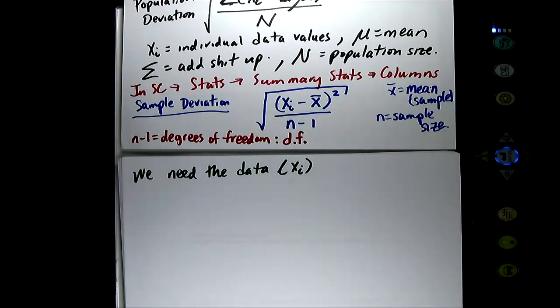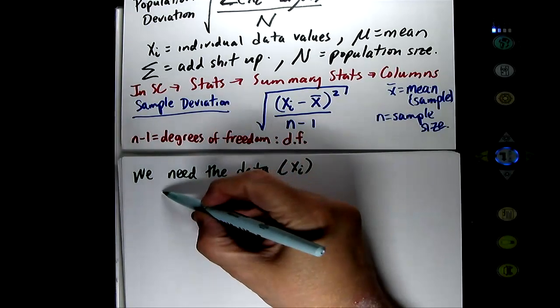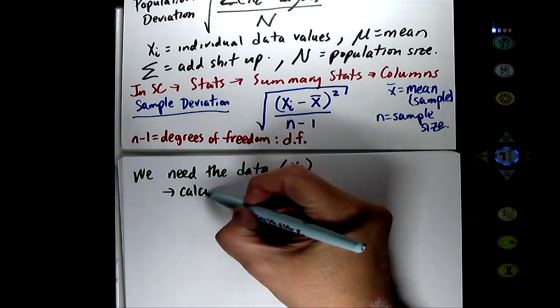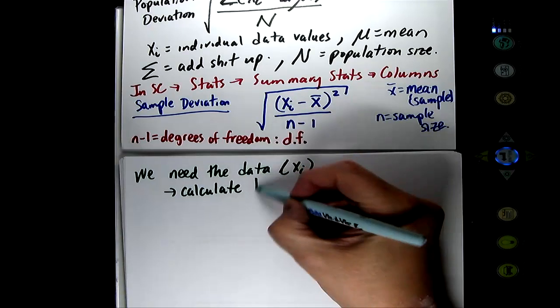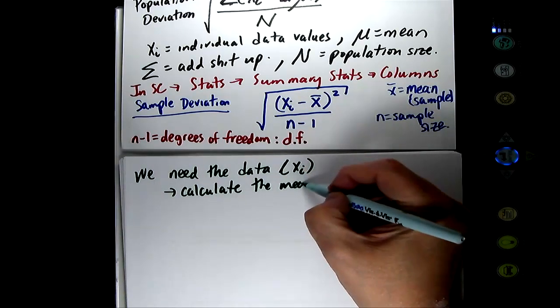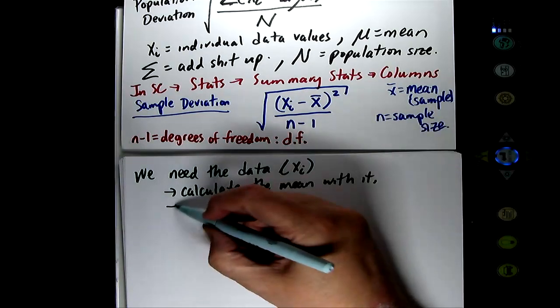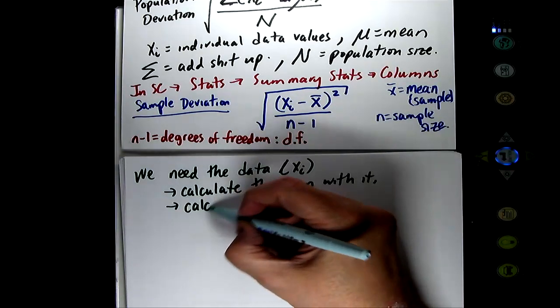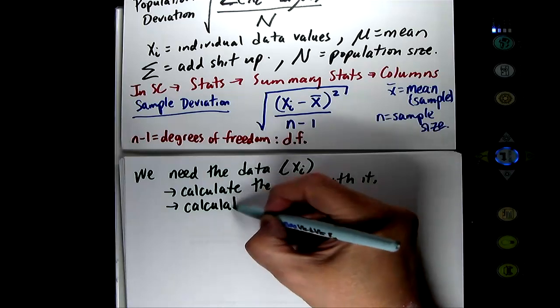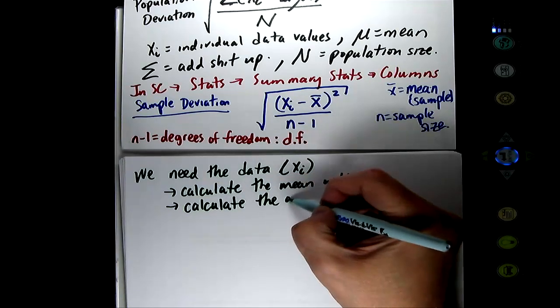And if you have all the data, the rest can be calculated. We can use the data set to calculate the mean, and we can calculate the sample size with it. Or calculate the group size, if it's not a sample.